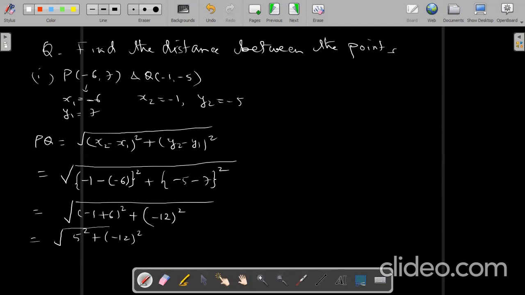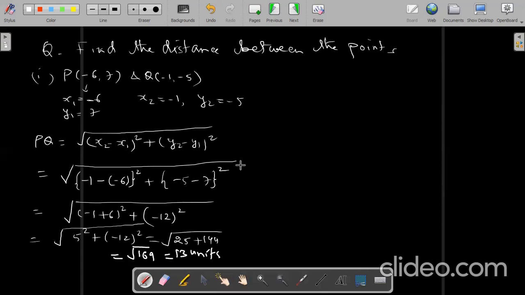Because of the square, negative and positive both give the positive value. Therefore it will become 25 plus 144, which is 169, and the root of 169 is 13. So 13 units is the distance between these 2 points.